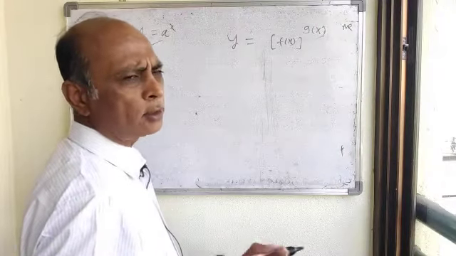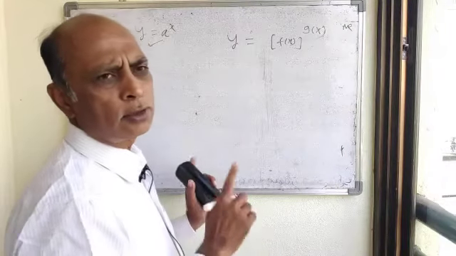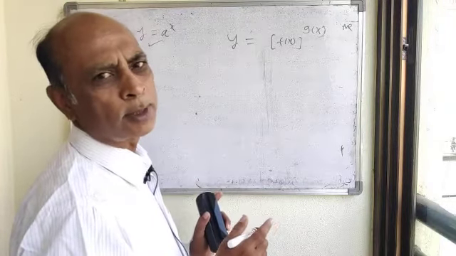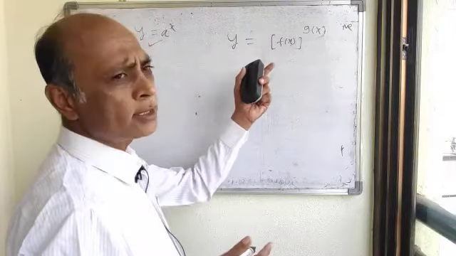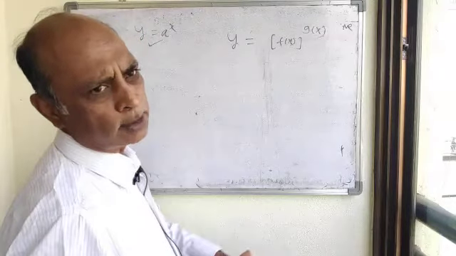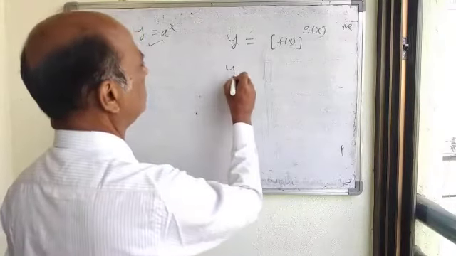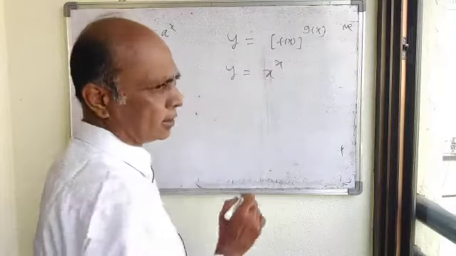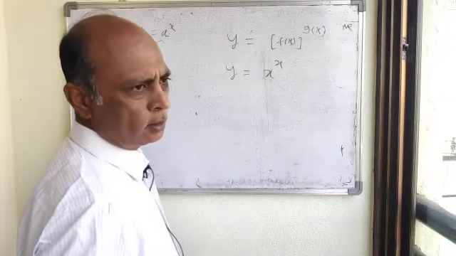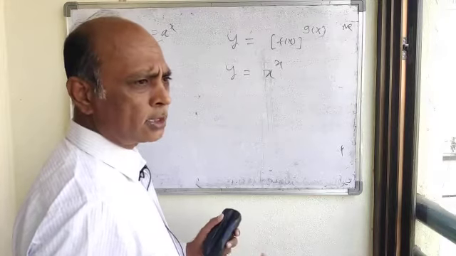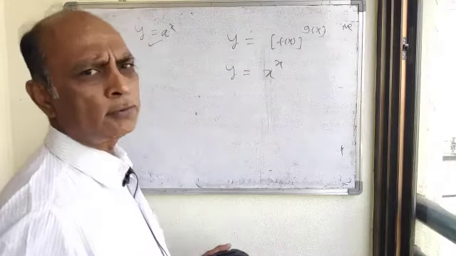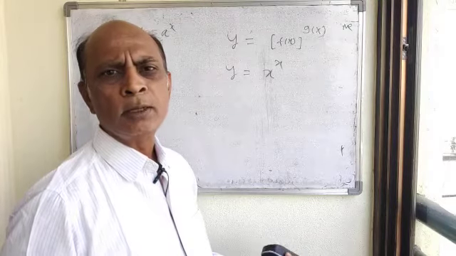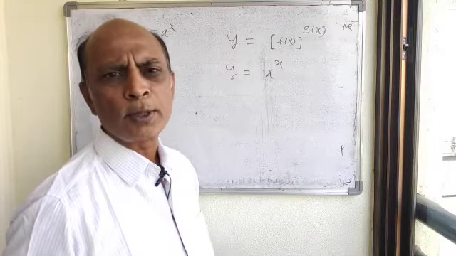In this case you cannot use the formulas we used earlier, that is a to the power x, log a, and n x to the power n minus 1. Here base and power are both variables. So this is a complicated function. We cannot use the formula of a to the power x, and we cannot use the formula of x to the power n.